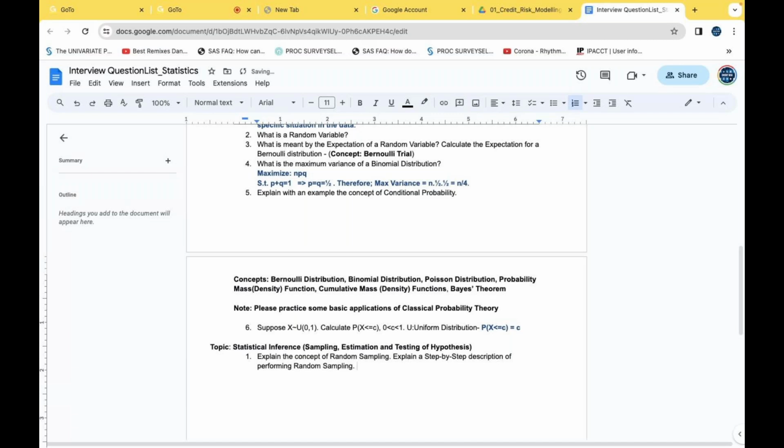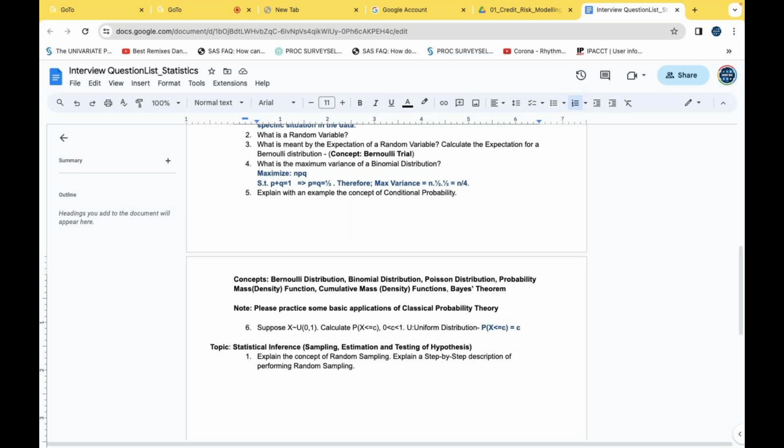Now, this is a very tricky question. When I talk about random sampling, what I'm talking about is simple random sampling, right? And there are two possibilities of simple random sampling: simple random sampling with replacement, and simple random sampling without replacement, right?